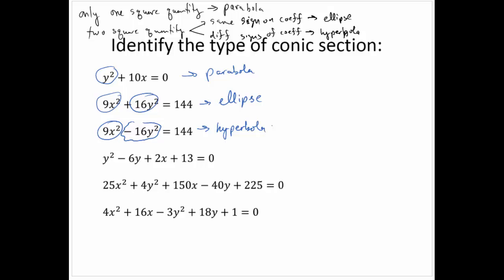In the fourth example, I have a y squared, and that's the only squared quantity. That's a parabola. Then I have a 25x squared and a 4y squared. That would be an ellipse. And finally, I have a 4x squared and a negative 3y squared. That would be a hyperbola.